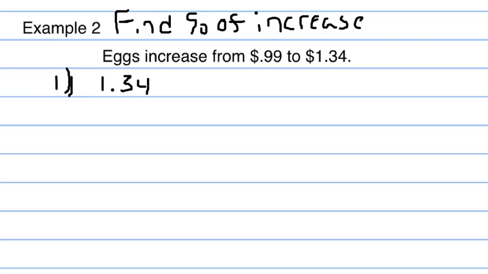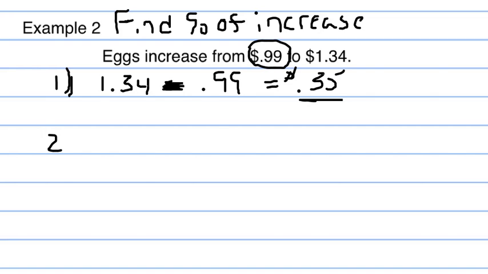So I'm going to take $1.34 minus 99 cents, and my difference is going to be 35 cents. And then I'm going to put 35 cents over the original amount, which was 99, and set up my proportion. So 0.35 over 0.99 equals our unknown over 100.